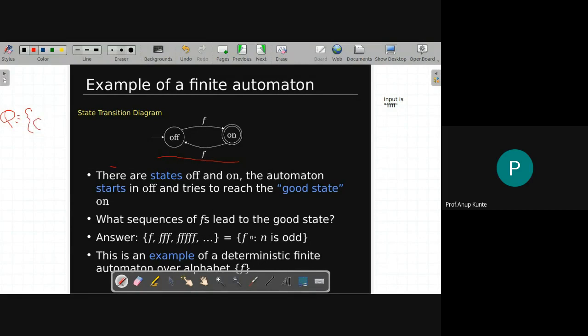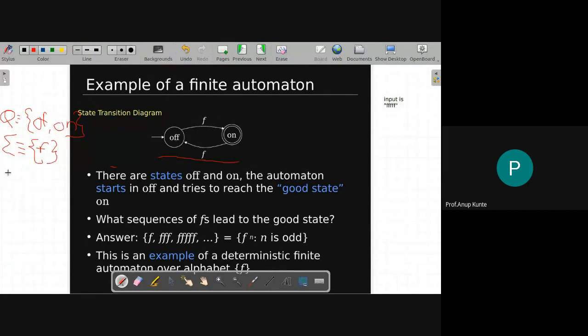I'll show it using capital OFF, the off state, and there is another state called as ON, the on state. So there are two states in the Q set for this particular automata. What is the alphabet in this case of computation? The alphabet in this case of computation is the single value, which is F, because I'm counting the number of Fs. कितने Fs हुए वो मैं count कर रहा हूँ.